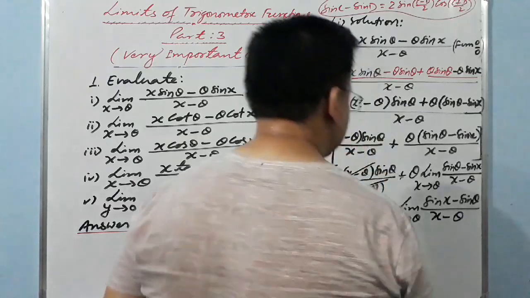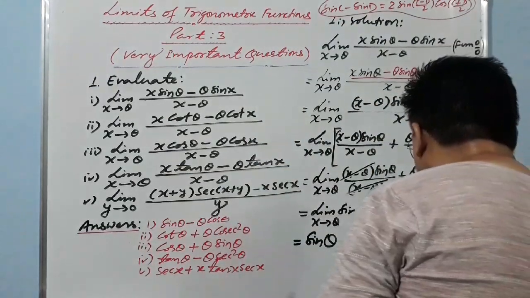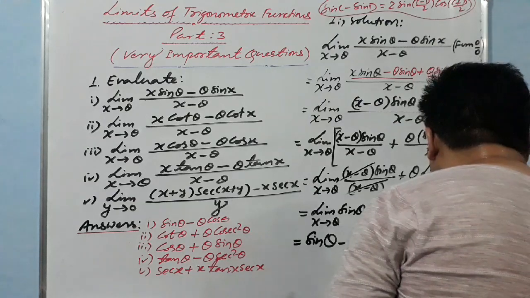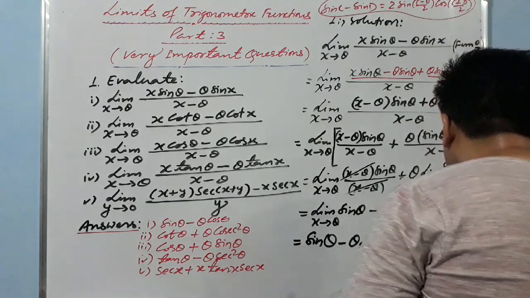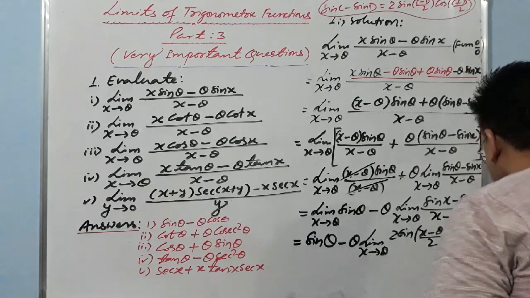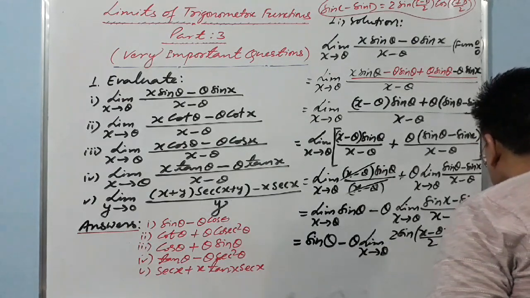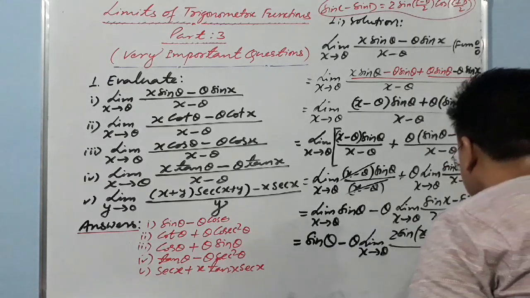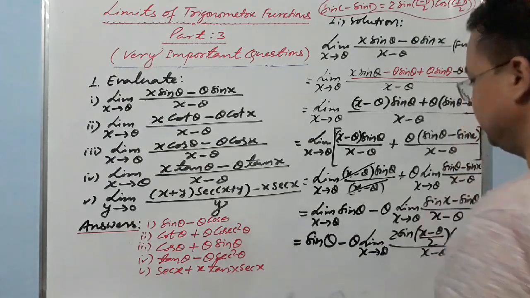Using this formula, we will get 2 sin((x minus theta)/2) cos((x plus theta)/2) over x minus theta.